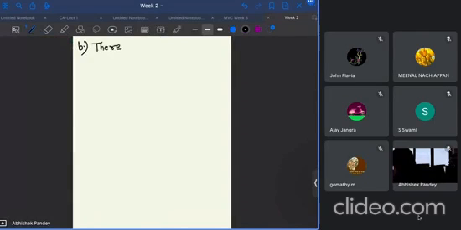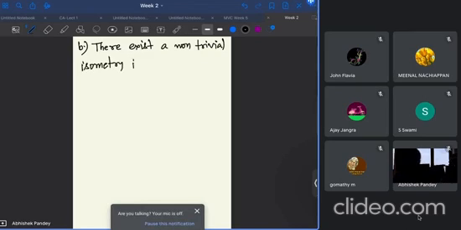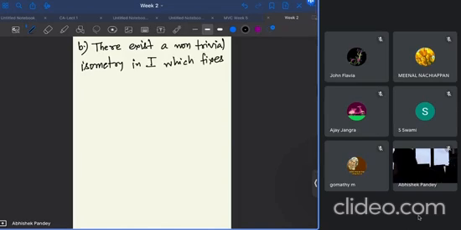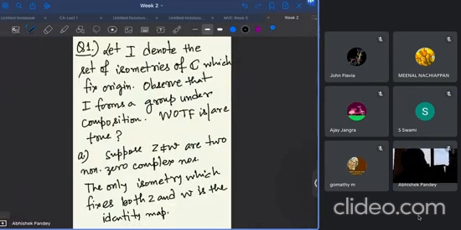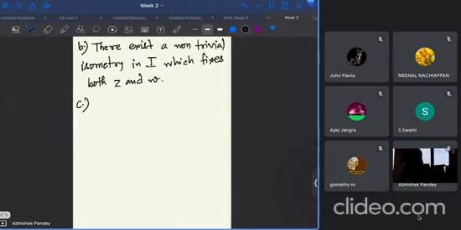There exists a non-trivial isometry, non-trivial means other than identity, a non-trivial isometry in I which fixes both z and w. The only isometry here would be in I.